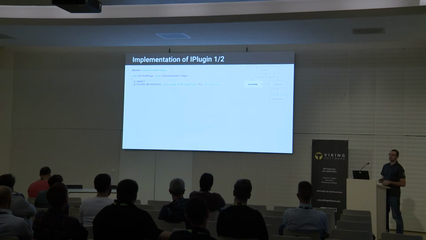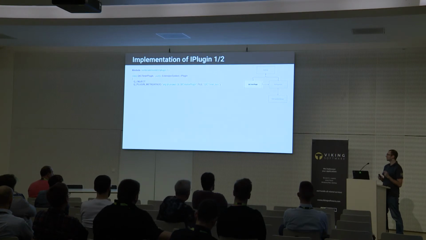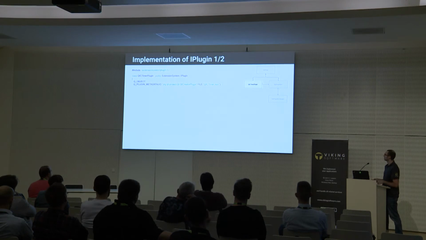And one good thing of the wizard is that even if you don't touch any code, after you finish the wizard, you can build, and you have a very, very simple working plugin. So unless there's some problem with the code, you're good to go from the first second. And this macro here is just telling Qt where to find the metadata of the plugin. But you don't need to take care of that, so don't worry.